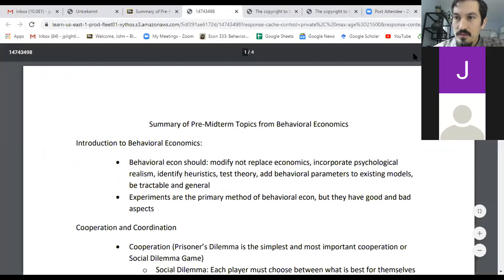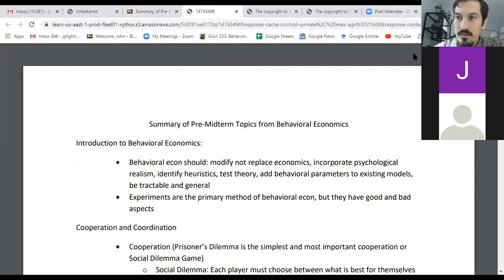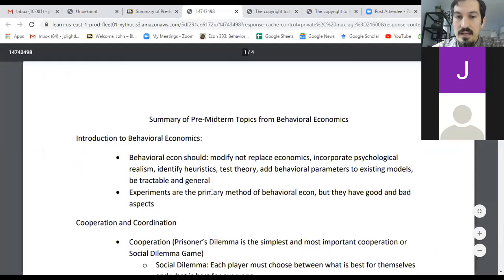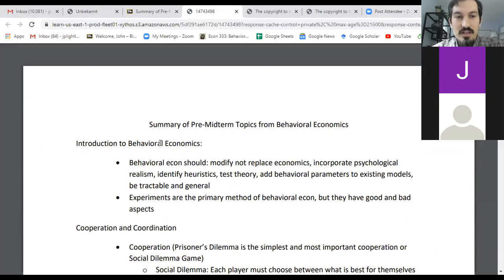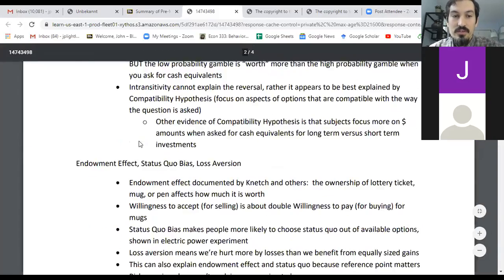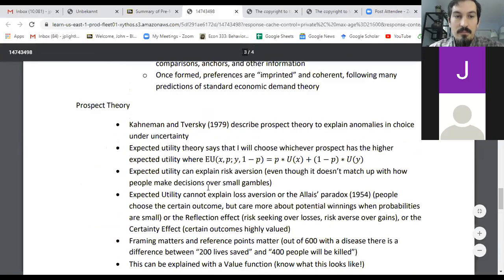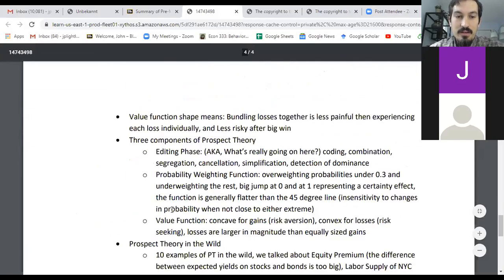Here's a list of some stuff that we've talked about this semester so far. And so the main topics are introduction to behavioral, cooperation and coordination, preference reversals, endowment effects, status quo, loss aversion, biases, heuristics, thinking relatively, fallacy of supply and demand, prospect theory.